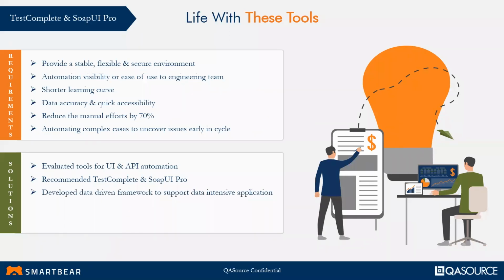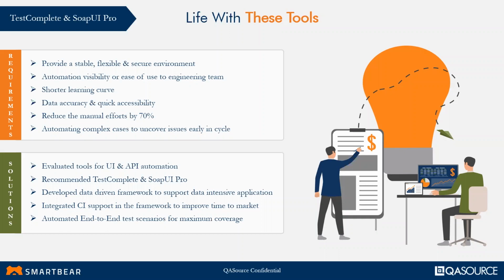We developed a data-driven framework for them to support their data-intensive application, and further integrated CI support in the framework to help improve their time to market. And in the end, we also automated their end-to-end scenarios for maximum test coverage. With these solutions, we were able to save a lot of manual effort and time.